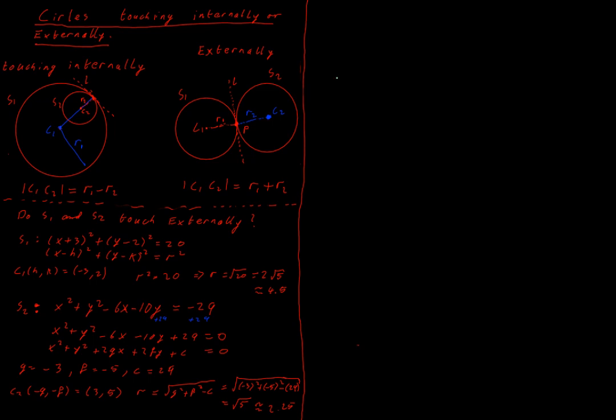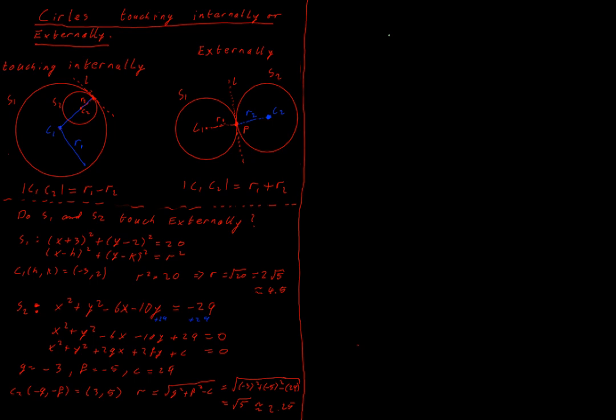Now, let's draw a quick sketch of this so that I have a good picture in my head of what it is I'm dealing with. So I have a circle. My S1 has a center at (-3, 2) and has a radius of approximately 4.5. My center of circle 2 is at (3, 5) and has a radius of about 2.5.